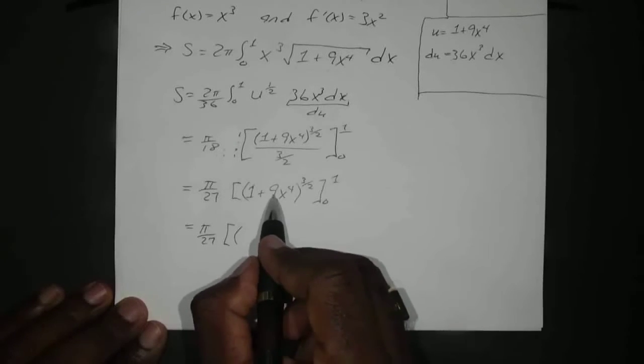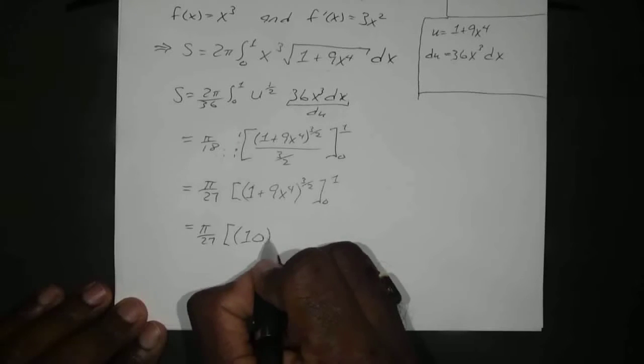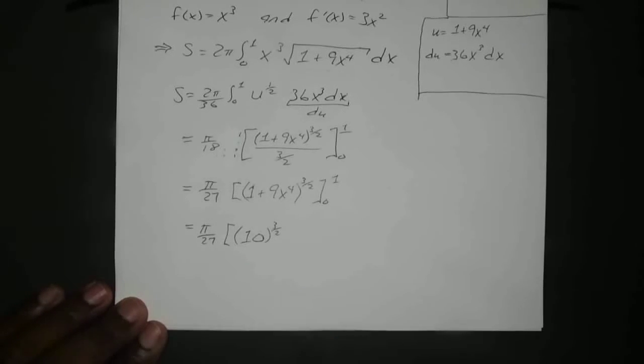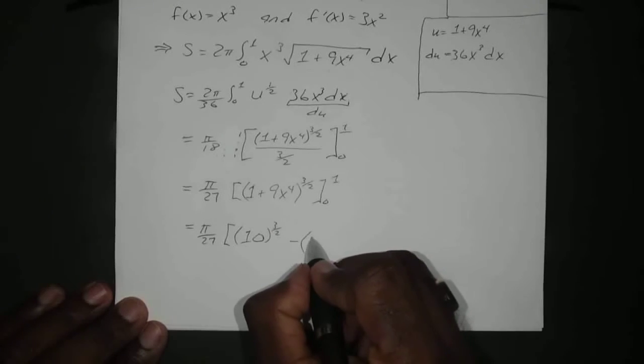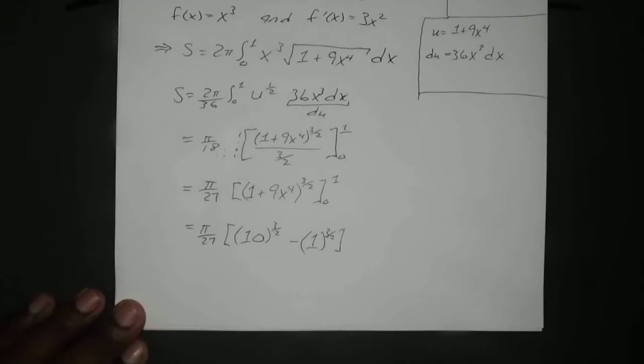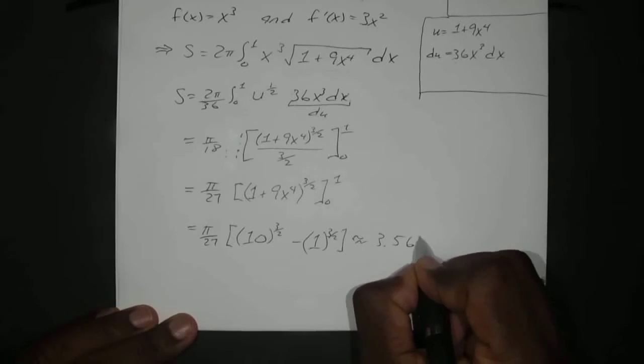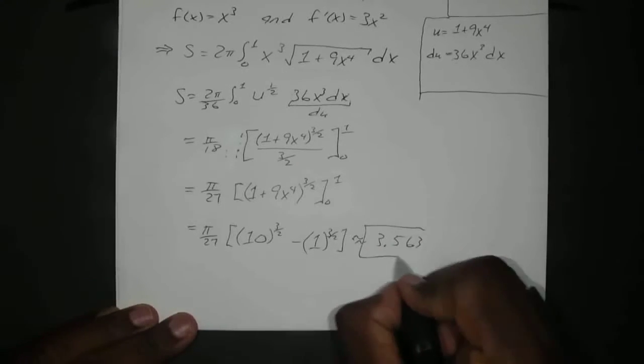Plug in our 1: we have 9 times 1, which is 9, plus 1 is 10. So we have 10 to the 3 over 2, minus, plug in our 0, we just get 1 to the 3 over 2, which is just 1. Okay, and plug that into your calculator. You end up with some 3.563, give or take.